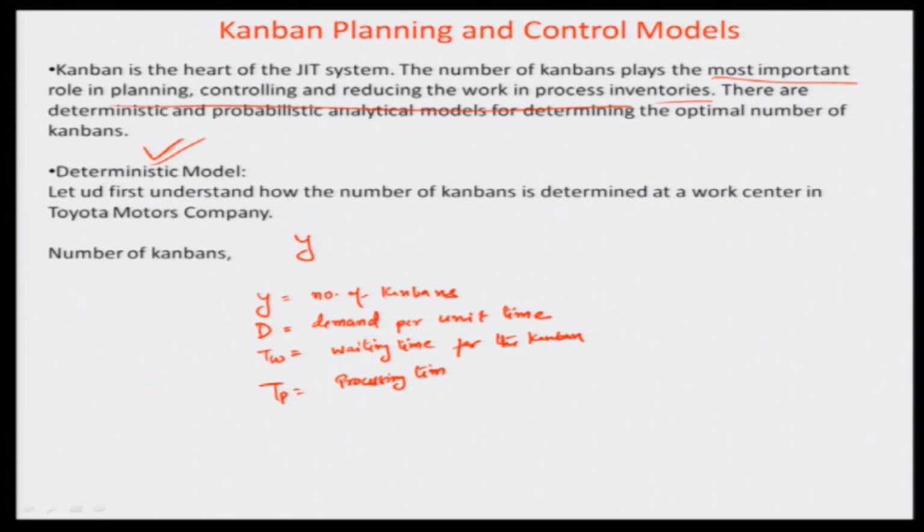You have to now understand the withdrawal and production cycles in terms of these times, because these are things that you have to observe and calculate for a given situation.